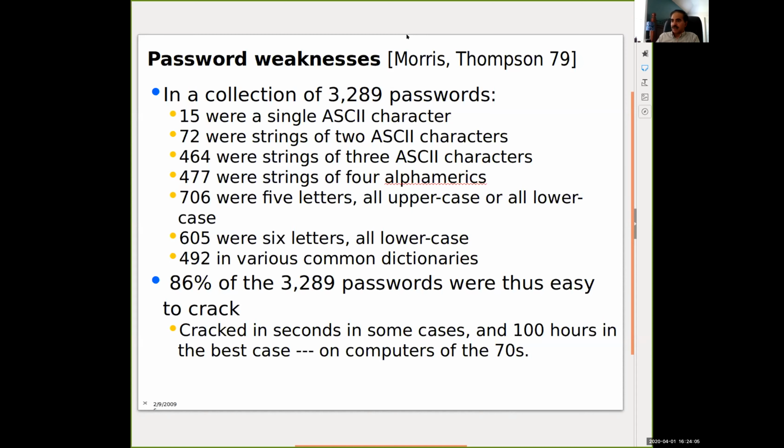So if you went to 6 letters or more, that's a fairly small number.